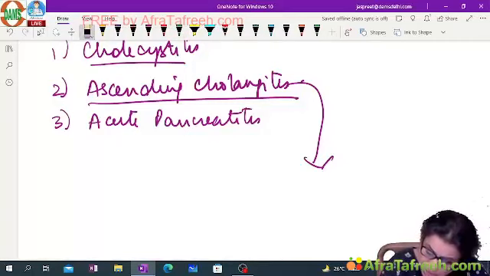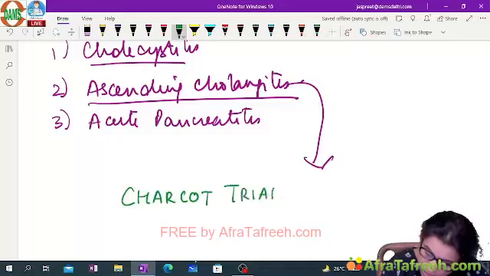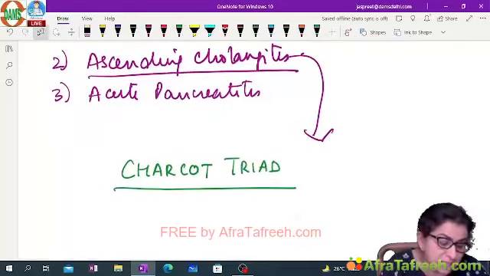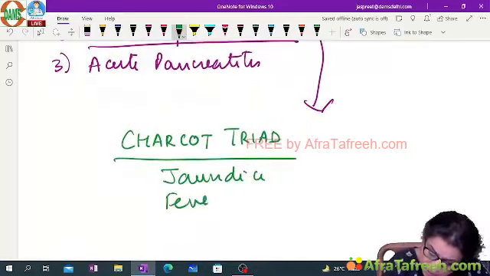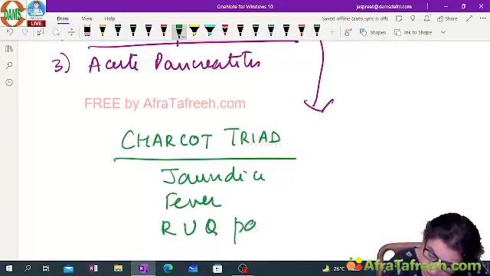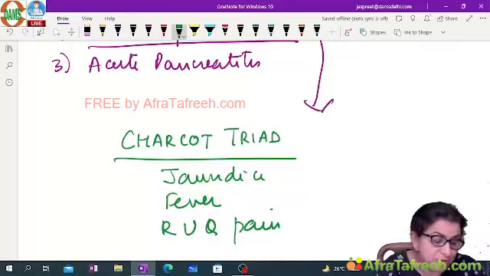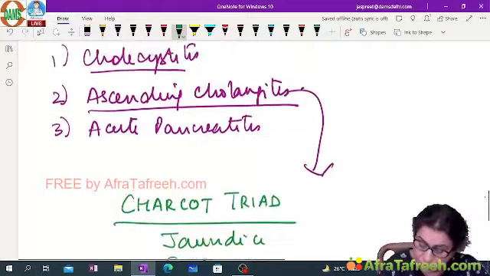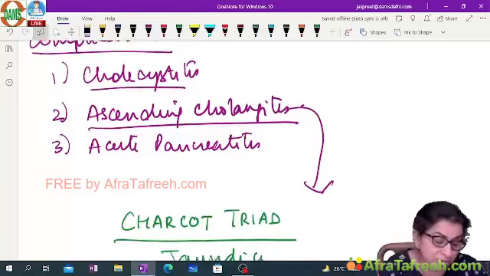So Charcot triad of cholangitis is jaundice, fever, and right upper quadrant pain. That is called Charcot's triad. So one complication is cholecystitis, inflammation of the gallbladder, or inflammation of the bile duct, or inflammation of the pancreas.